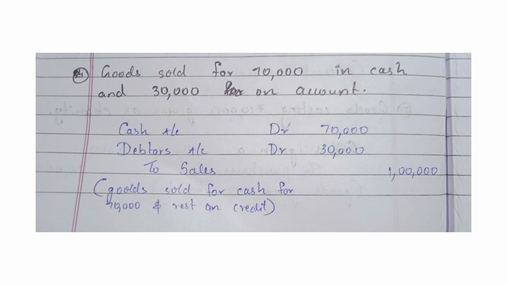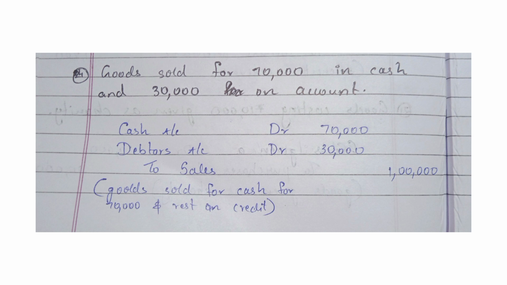The next one is goods sold for 70,000 in cash and 30,000 on account. So the journal entry will be cash account debited 70,000, debtors account debited 30,000 to sales. The total amount of that is 1 lakh. I think you got the working, right? Before it was a purchase, so there two accounts were credited.